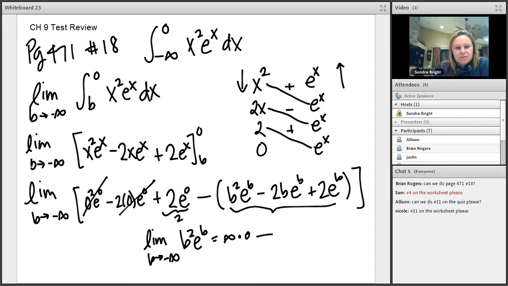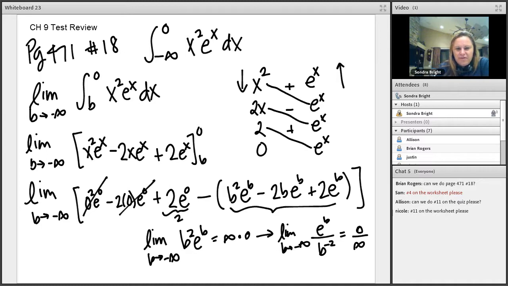I'll just do this with L'Hopital's, right? So this is the limit as b goes to negative infinity of, which way would make sense, e to the b divided by b to the negative 2, right? All I did was set it to divide so that now it's an infinity over 0.